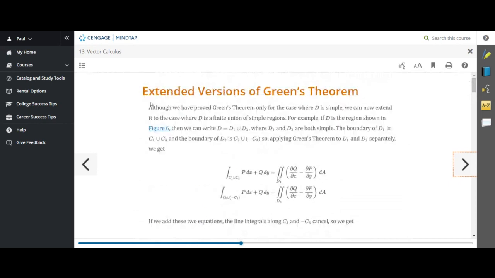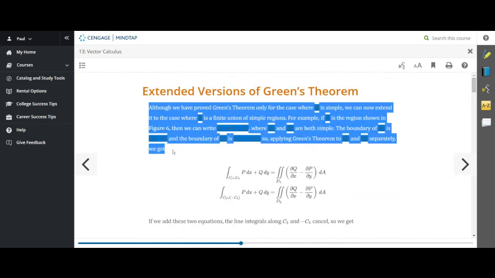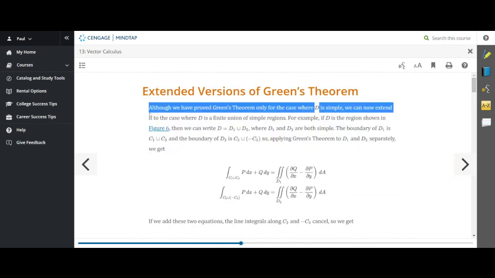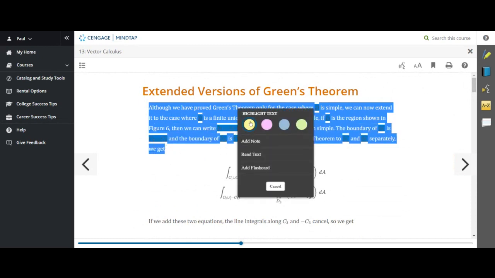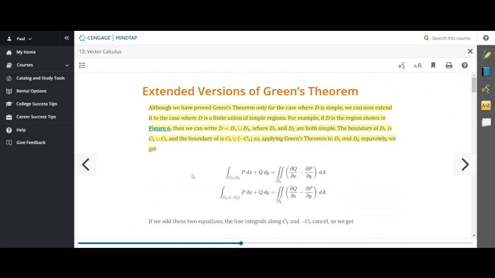Although we have proved Green's theorem only for the case where D is a simple region, we can extend it to the case where the region D is a finite union of simple regions.